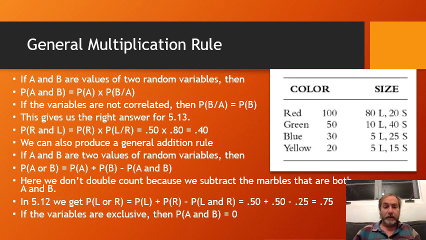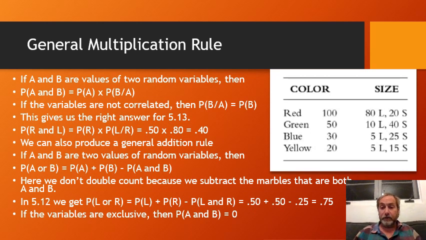If A and B are values of two random variables, then the probability of A and B is the probability of A times the probability of B given A, or times the probability of B conditional on A. Now, if the variables are not correlated, the probability of B conditional on A just is the probability of B. And that's why we get the simple multiplication rule in cases where there aren't correlations. That gives us the correct answer for the previous problem, where it was 50 large reds.